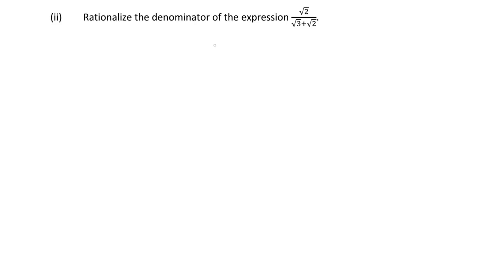Then our expression is going to be √2 times (√3 − √2) over (√3 + √2) times (√3 − √2).